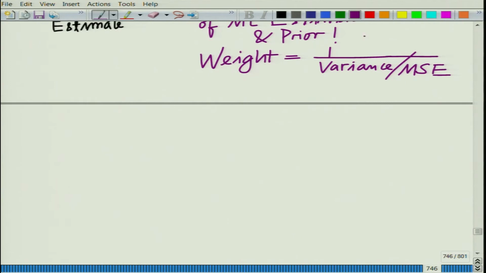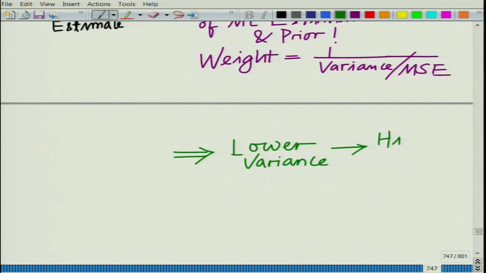What does this imply? It implies lower variance leads to higher weight.